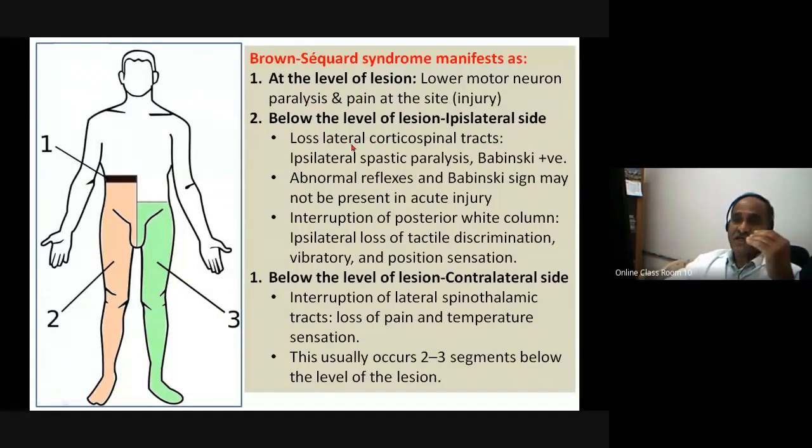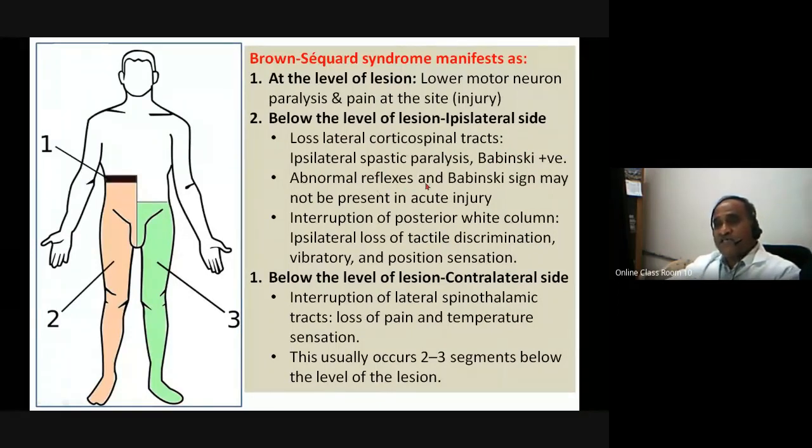The lateral corticospinal tract is cut. And once that is cut, the voluntary control of the muscles supplied by this is lost. Point number one. Number two, there is what is called a spastic paralysis because the descending tracts influencing this are lost. The Babinski sign becomes positive. That is, it produces an upper motor neuron type of lesion.